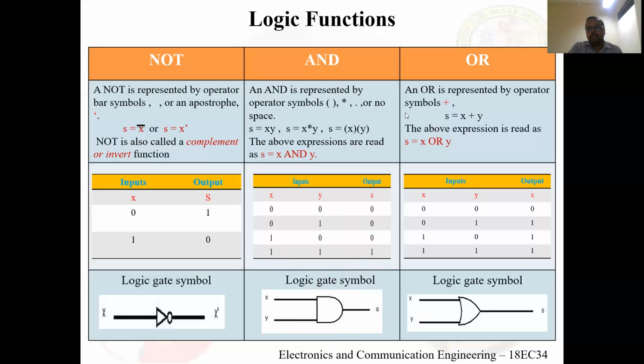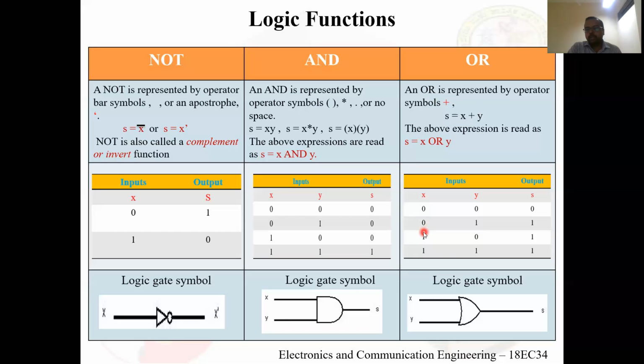Or, as it says OR here, if any one of the conditions is satisfied, then the output is equal to logic 1, right? And this is represented as S is equal to X plus Y. The plus symbol in Boolean algebra is used to represent the OR operation, X plus Y, and it is read as S is equal to X or Y. If any one of the conditions is satisfied, the output is equal to 1.